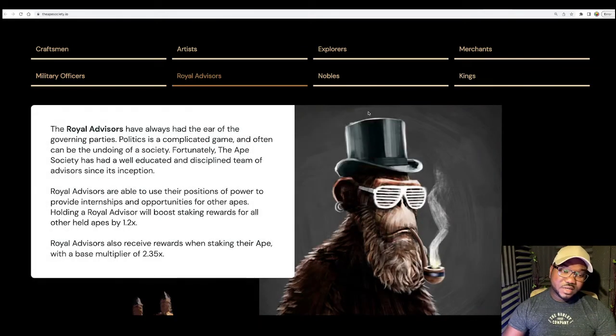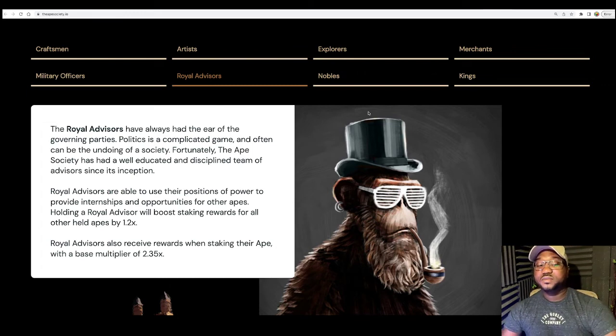Then you have your royal advisors. So you're making your way closer up to the top. Royal advisors are able to use their positions of power to provide internships and opportunities for other apes. Holding a royal advisor will boost staking rewards for all other held apes by 1.2 times. Royal advisors also receive rewards when staking their apes with a base multiplier of 2.35.